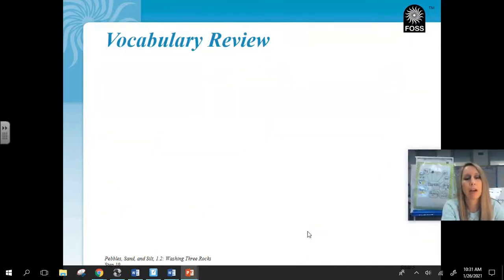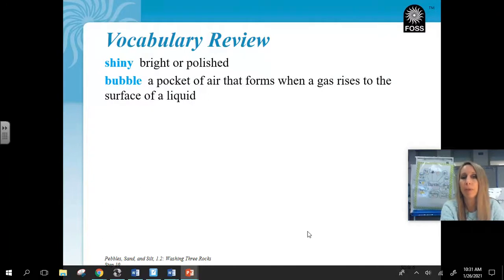So let's review a couple of our terms real quick that we've been working on before you journal. Shiny. These are going to be property words. Is a rock shiny? Does it have that bright, polished look? Bubble. Does it have pockets where air formed that you can see in the rock? Dull. If something's dull, it doesn't have a lot of shine to it.